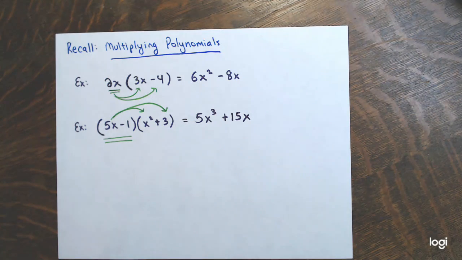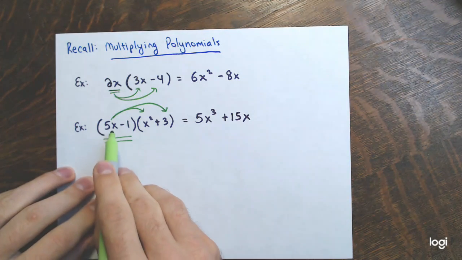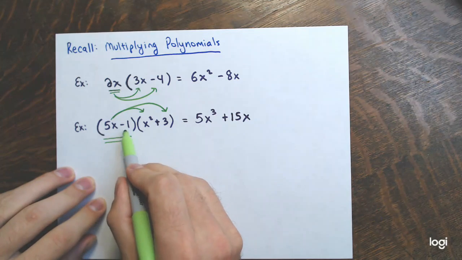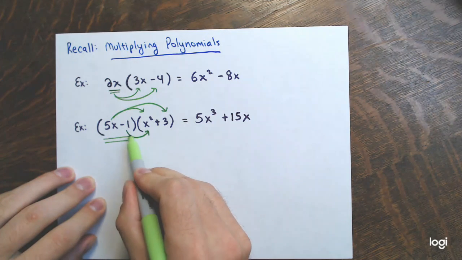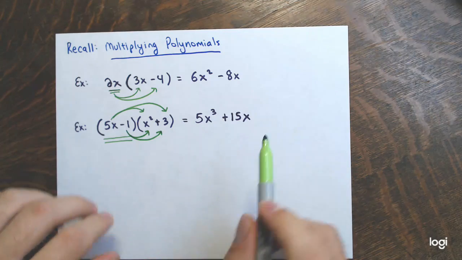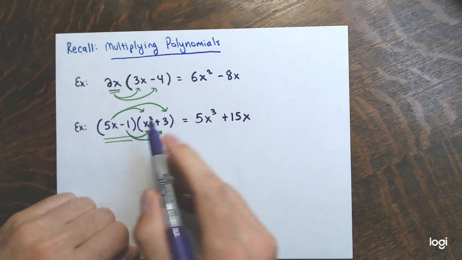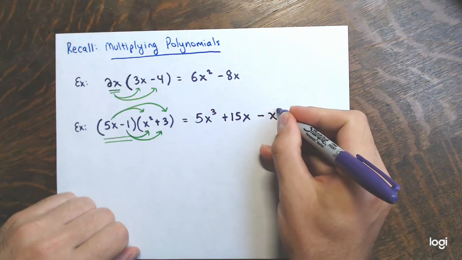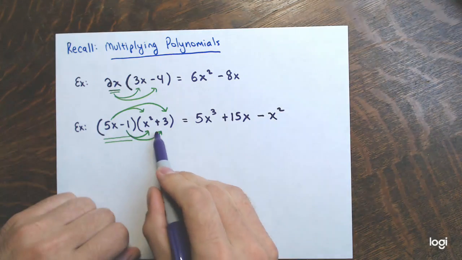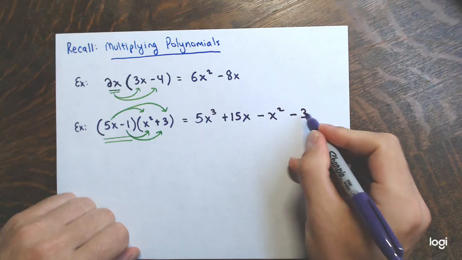And then I'd be done with the 5x in the polynomial I chose. Then I'd move over to the negative 1, the next term, and distribute that and create more terms in the final result. Negative 1 times x squared would be minus x squared or negative x squared, and negative 1 times positive 3 would be negative 3. And there you go.